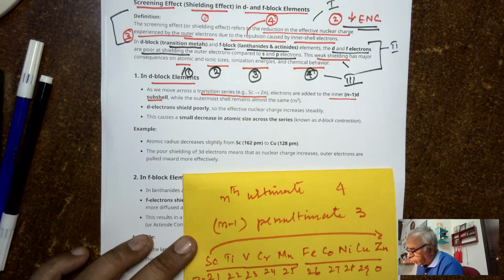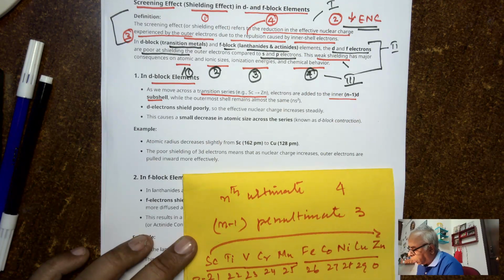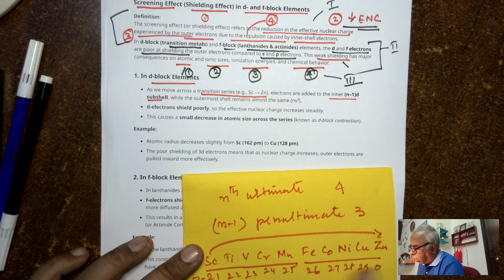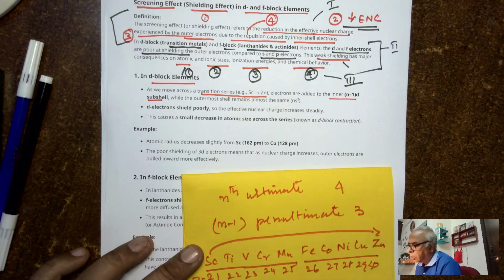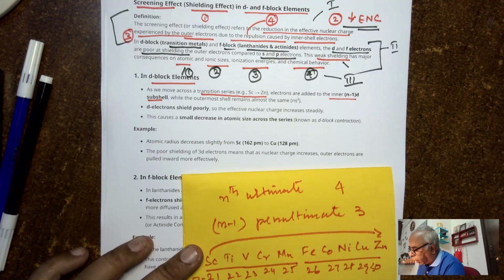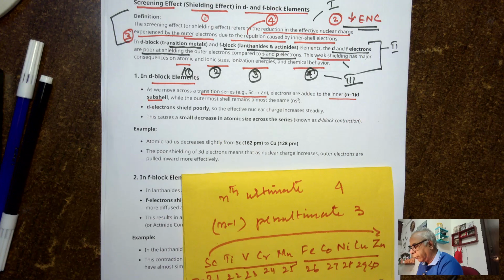So here it is being filled up one by one. For every addition of these electrons, we expect an increase in the effective nuclear charge, right?